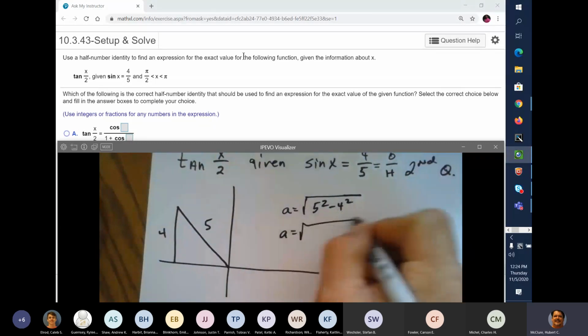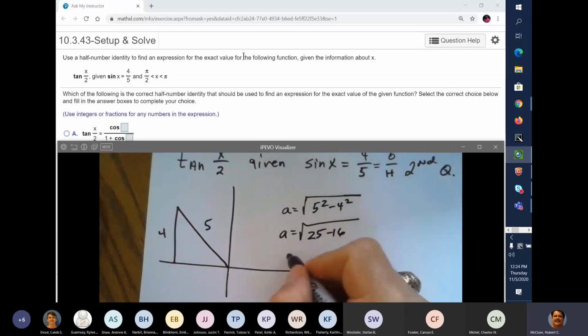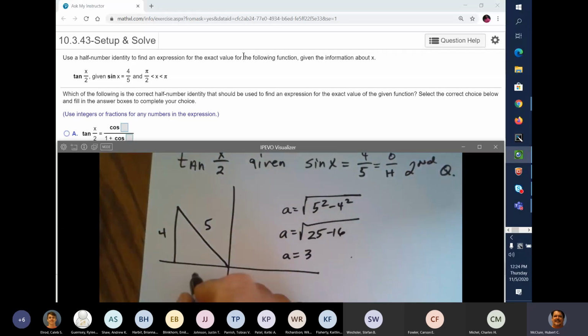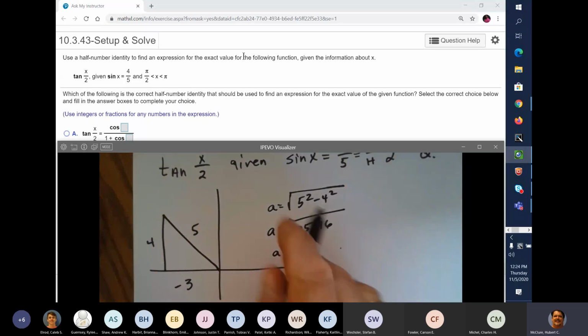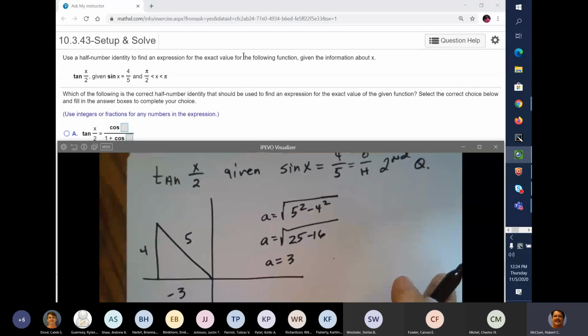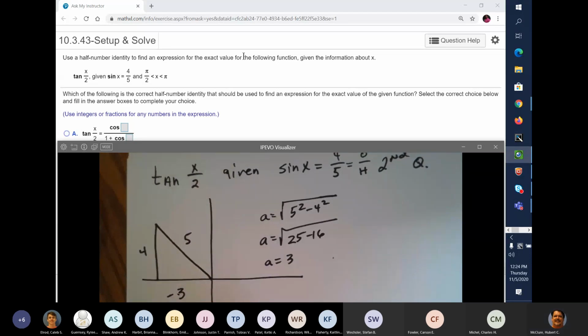A is equal to the square root of 25 minus 16. A is equal to 3, but it's not positive 3, it's negative 3. And since the sine is 4/5, the cosine would be negative 3/5. And the tan would be negative 3/4. I'm sorry, negative 4/3.